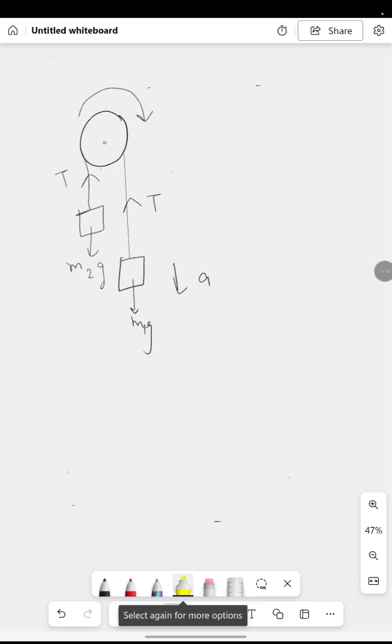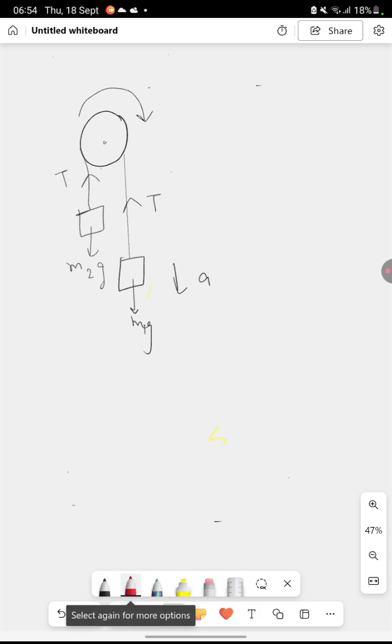now we can say this is the pulley. Two masses are hanging on this pulley. One is M1 and another is M2. This rope is hanging with the M1 mass.